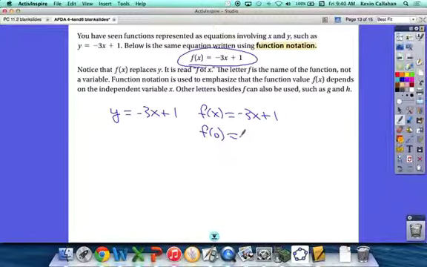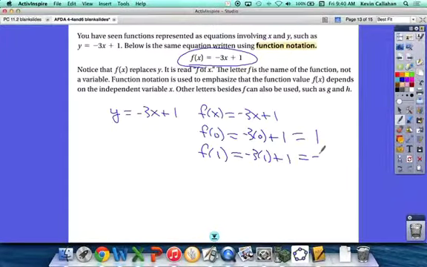Well, since you put a 0 in the place of x here, you put a 0 in the place of x here, and calculate. How will you find f of 1? You plug in negative 3 times 1 plus 1. Negative 3 plus 1, negative 2.